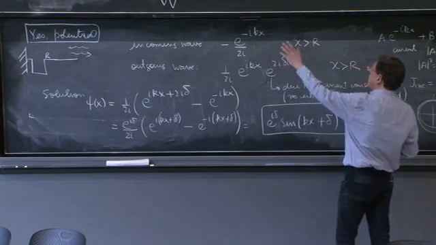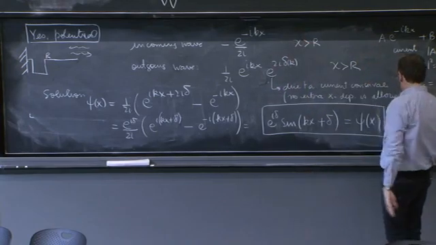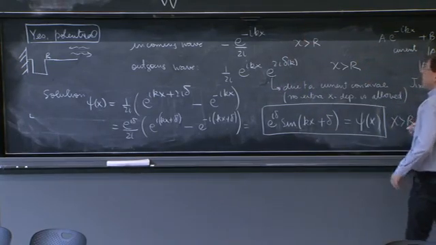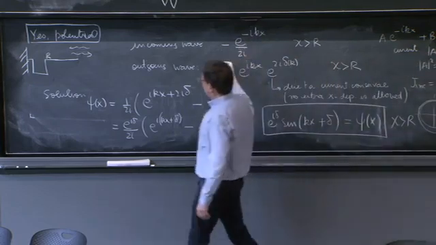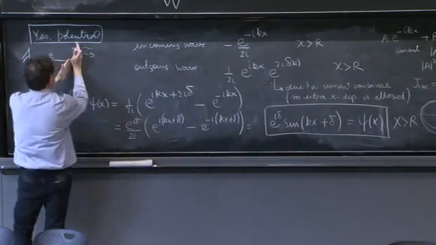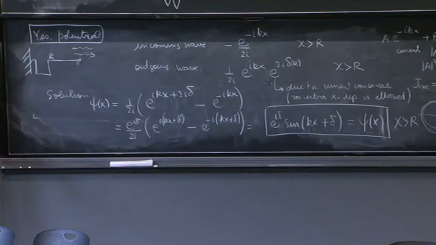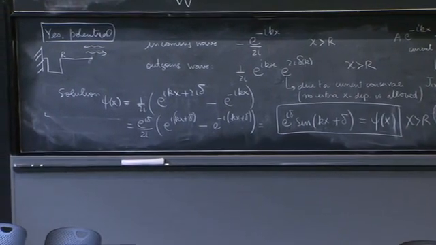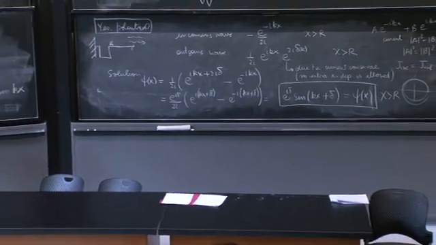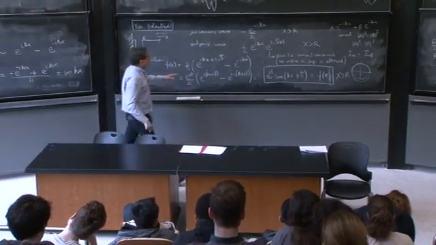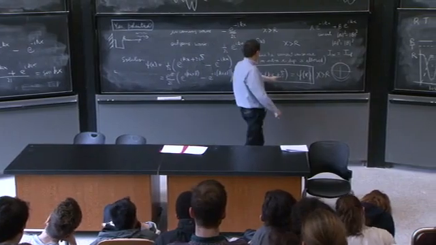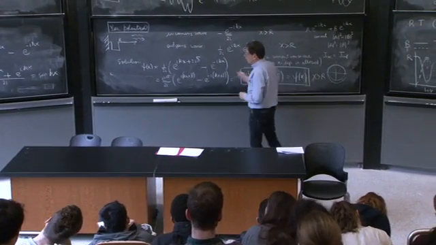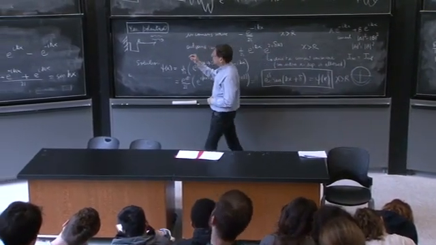It's for x greater than r, but we include the incoming and outgoing things because both are defined for x greater than r. So the total wave is this one. And you notice that if the phase shift is 0, you are nicely back to the wave function phi that we found before.